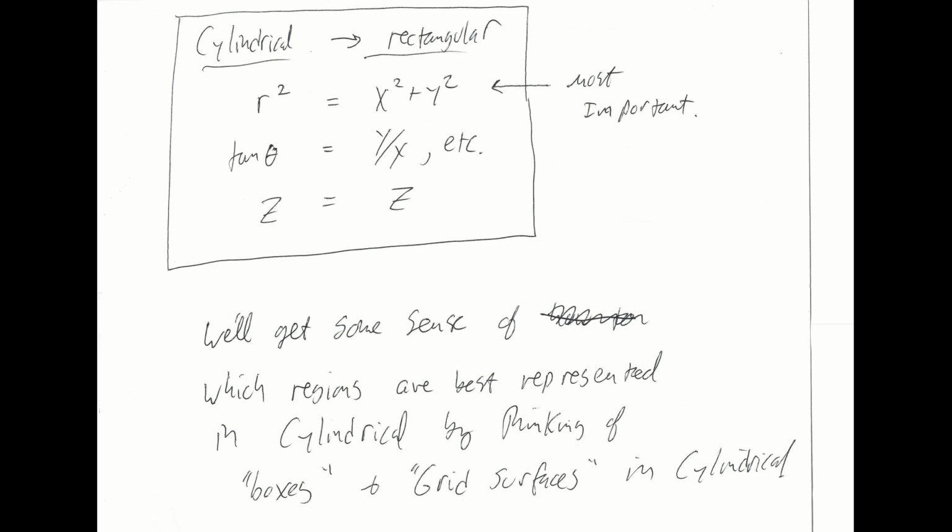So next time we are going to think about what rectangular boxes look like and what grid surfaces look like in cylindrical coordinates. When we first discussed polar, we thought about polar rectangles and we thought about grid lines. Here in 3 dimensions, we're going to think about cylindrical boxes, quote unquote, or cylindrical rectangular boxes and grid surfaces. And we'll begin that next time.